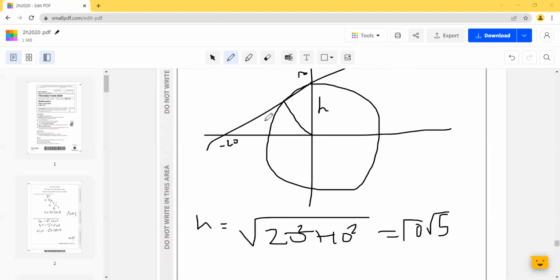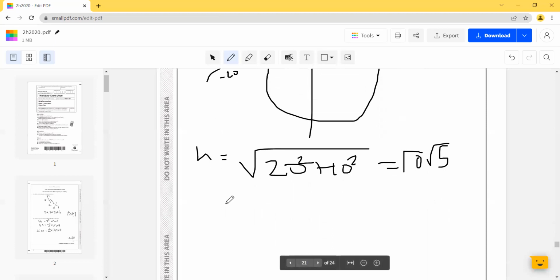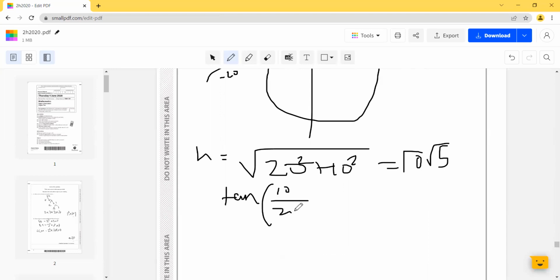And I know that this is theta. So tan inverse of 10 over 20 is equal to theta. Now, if I do it trigonometrically, I have to use exact values. The tan inverse of a half is 26.565 degrees.